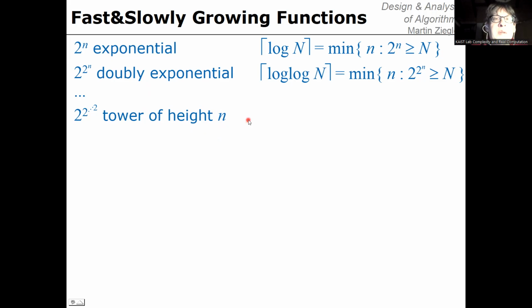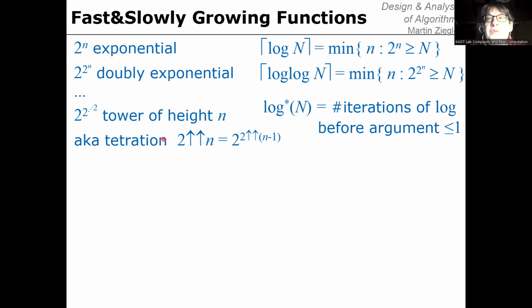And the inverse of the tower function, which is also called tetration, here you see an inductive definition of tetration: 2 tetration n, a tower of height n, is a tower of height n minus 1 on top of an exponential to 2. So that's an inductive definition of tower or tetration, a fast growing function, and on the opposite end there's the corresponding slowly growing function, the so-called log star function.